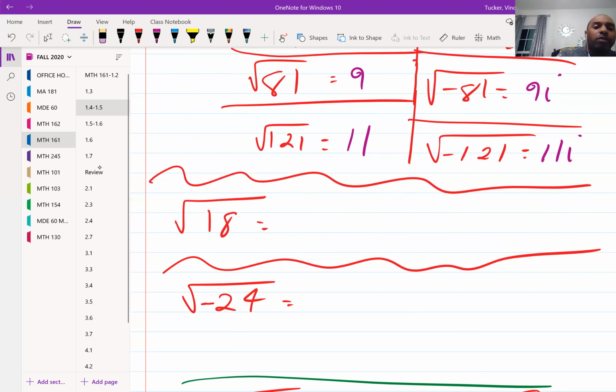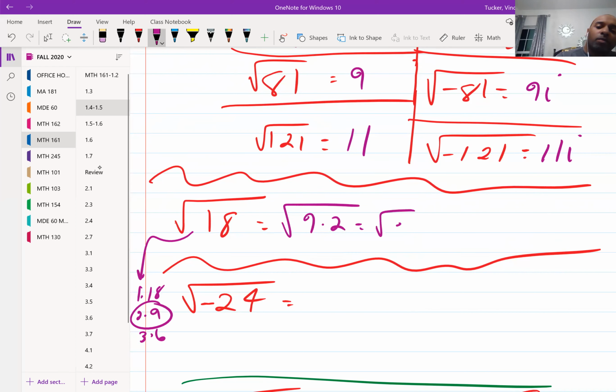The factors of 18 are 1 times 18, 2 times 9, 3 times 6. So the factors that I would use are 2 times 9 because I can take the square root of 9. You will break it up as 9 times 2, and do the square root of 9 and square root of 2 individually. Square root of 9 is 3, and then you leave 2 under the radical.